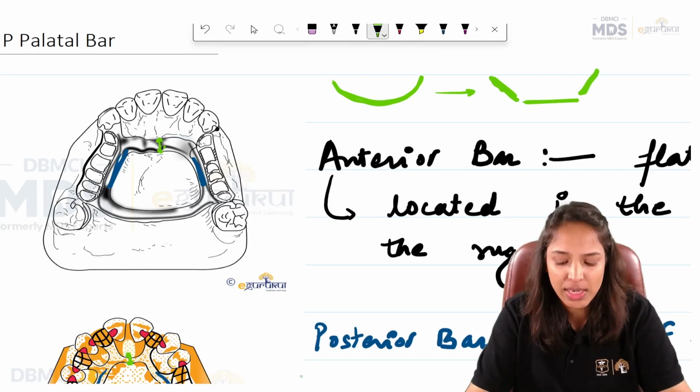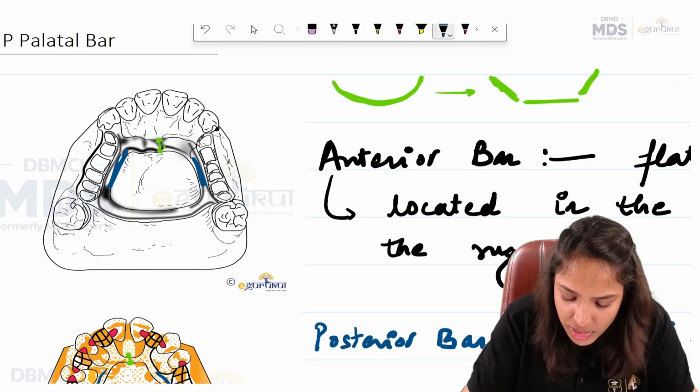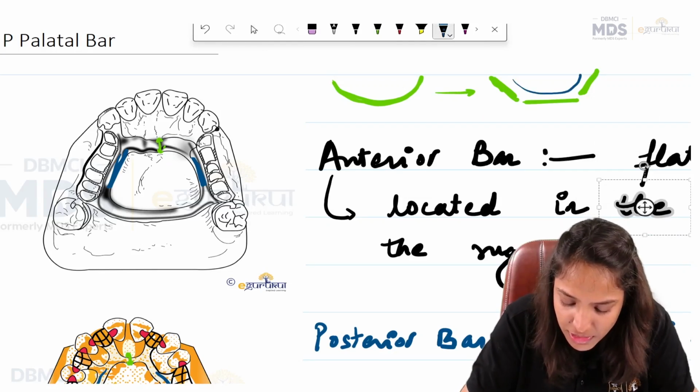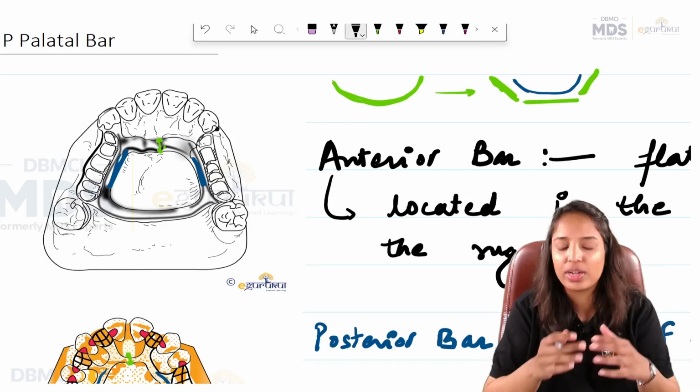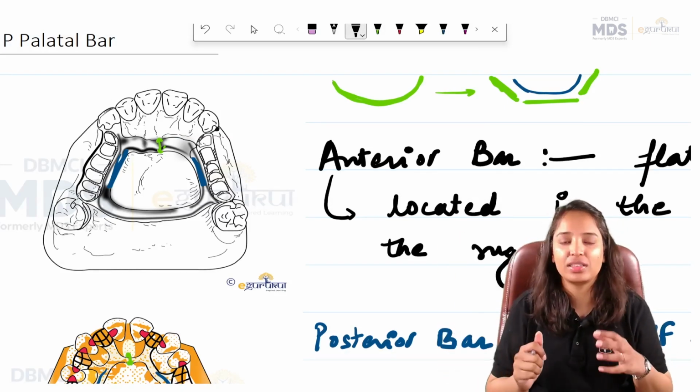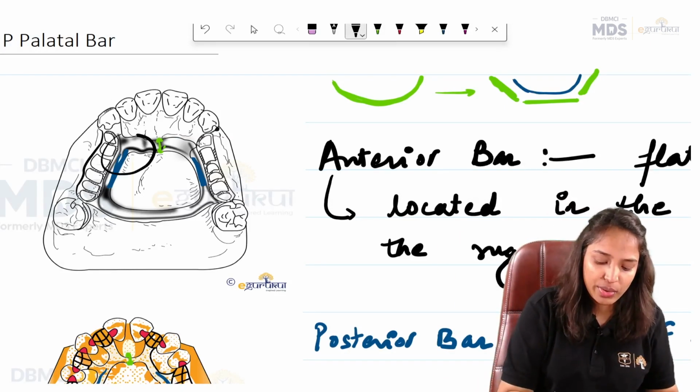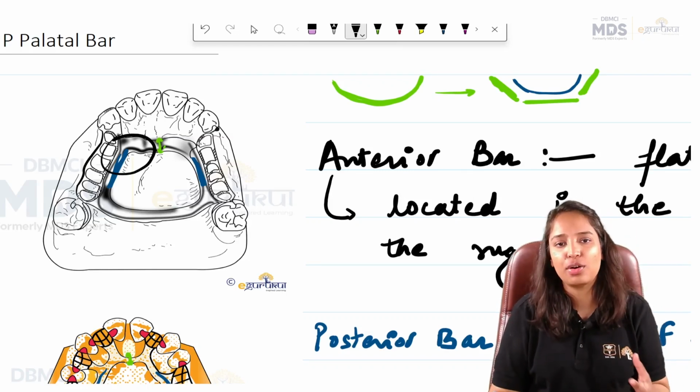What we are trying to tell here is when a structure is located in 3 different planes like this, it is going to add to rigidity of that structure.